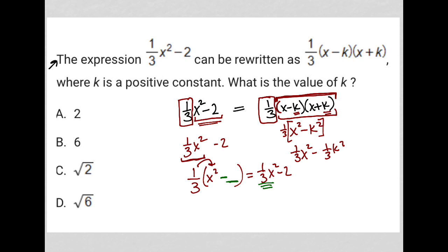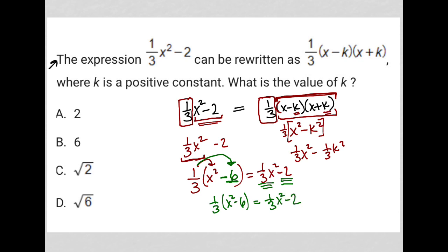The way I should think about that is, what would I need to have in this position so that when I multiply 1/3 by it, I simply get a minus 2? And that number would have to be 6. So 1/3 times (x squared minus 6) is equivalent to 1/3 x squared minus 2.